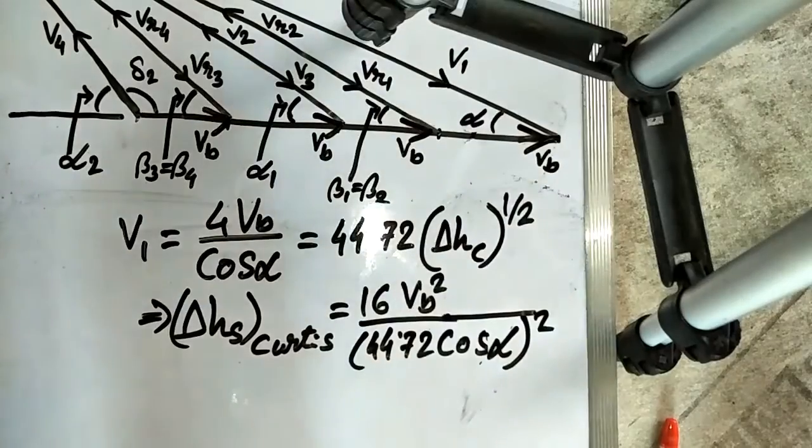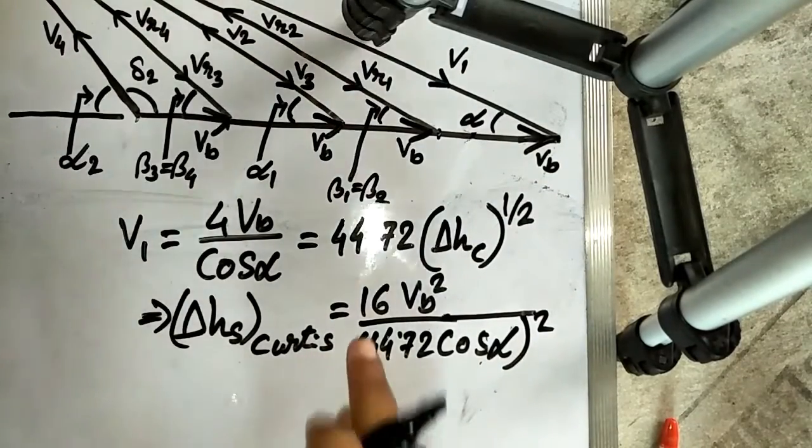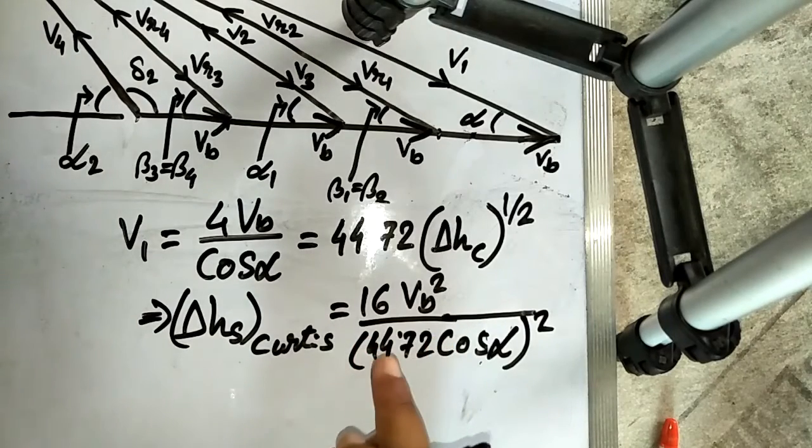So this is the value of stage enthalpy drop for Curtis staging.